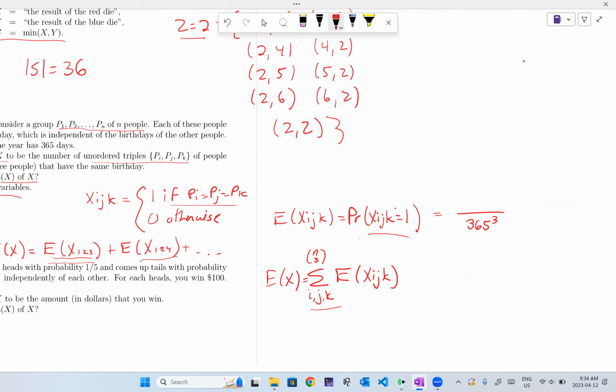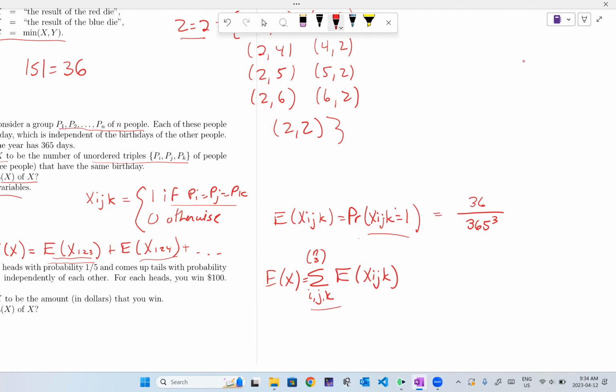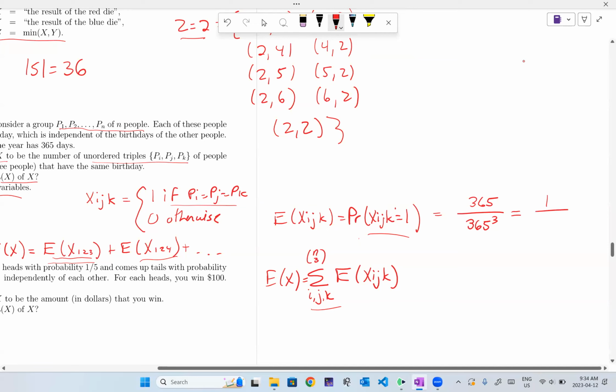And then the size of this event is all the ways that these 3 people can have the same birthday. So maybe they're all born on January 1st, or January 2nd, or December 31st. There are 365 choices for that. And I cancel that out. I get 1 over 365 squared.